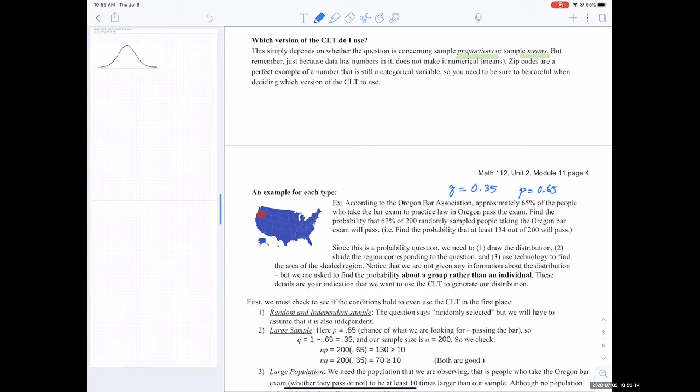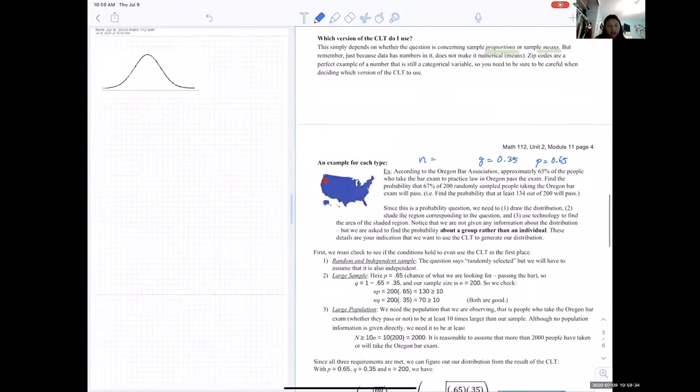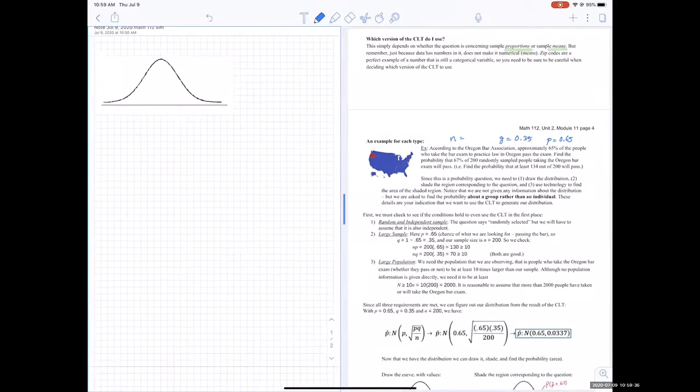Anyone lost here? They add up to 1, or what we call 100%. And here, Alexandria, what is n? 200. So n equals 200, p equals 0.65, q equals 0.35. So far, so good, right?